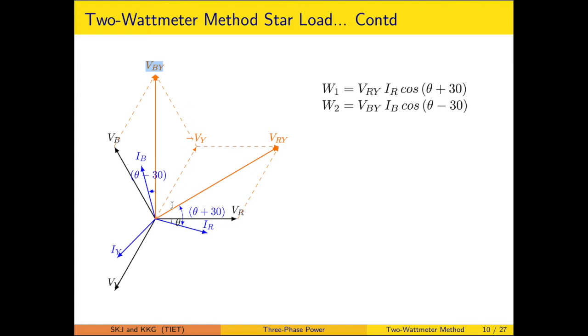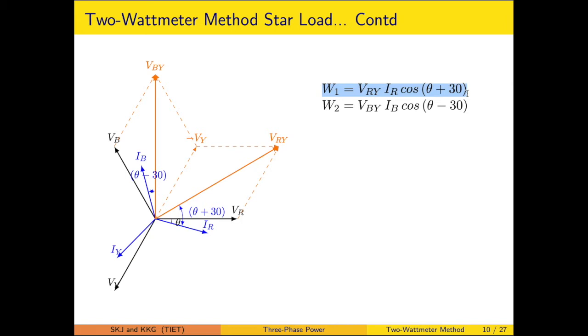What we see is that there is an angle between VRN and IR, that is the power factor angle theta. The angle between VRY and IR, which are the line voltage and the line current, will be theta plus 30 degrees. Similarly, the angle between the other pair, line current IB and line voltage VBY, is theta minus 30. So that gives us the 2 wattmeter measurements.